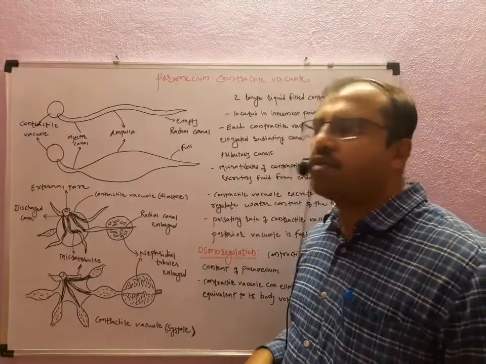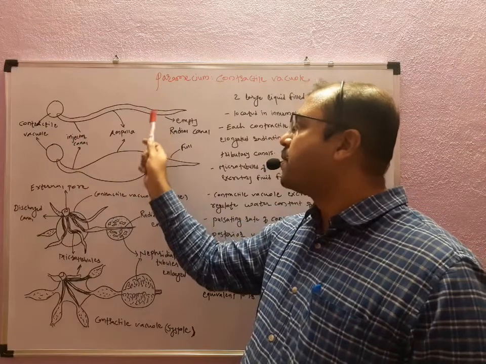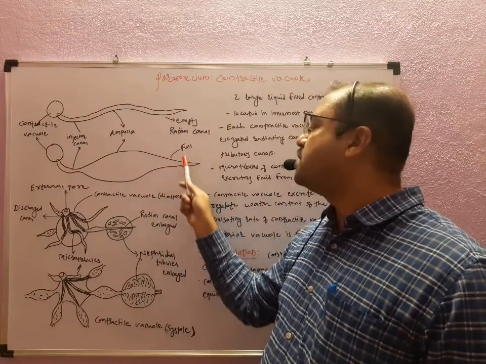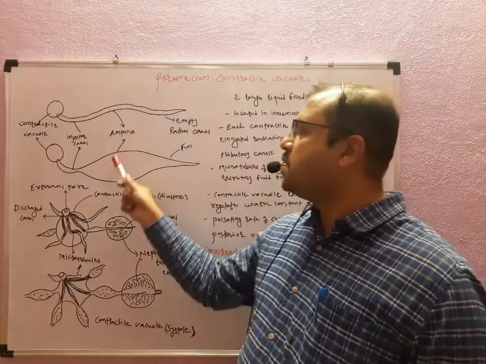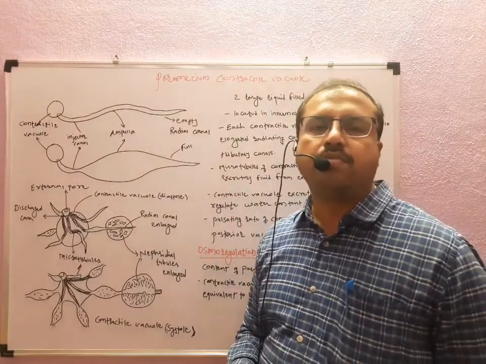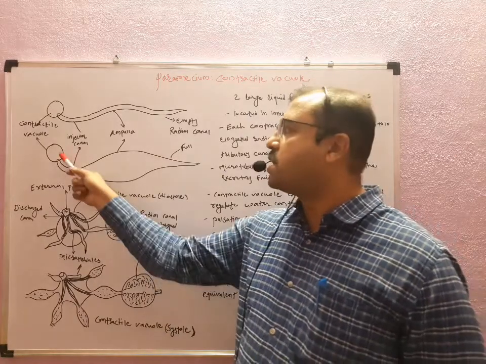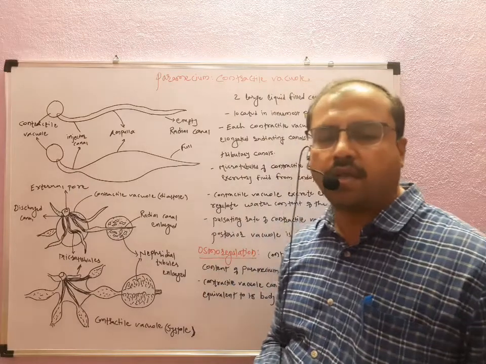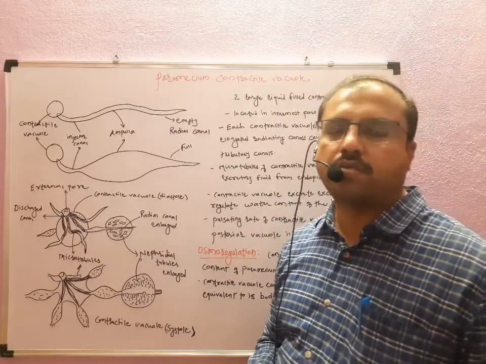And each radiating canal has three different parts: one is the injector canal, the middle is the ampulla, and this is the posterior or terminal part. The radiating canal collects the water from the endoplasm and pours this water into the contractile vacuole, through which it is thrown outside the cell to maintain the balance of cell water.